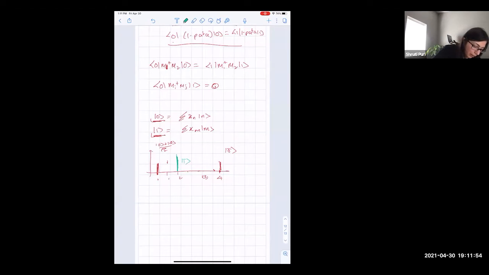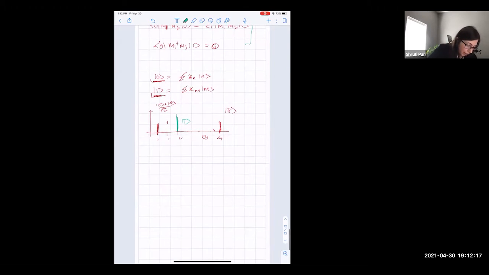Now, of course, we have to satisfy these error correction criteria. It's a little bit of math to check, but you can check that if the 0 and 1 states have supports which are separated by plus or minus 1 Fock state, then these two error correction criteria will be satisfied.